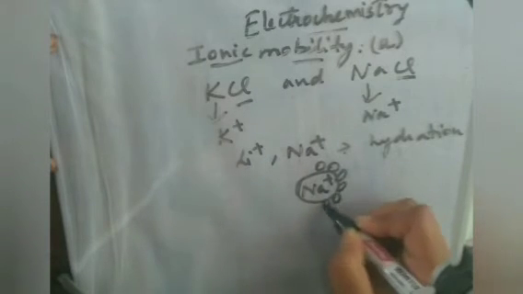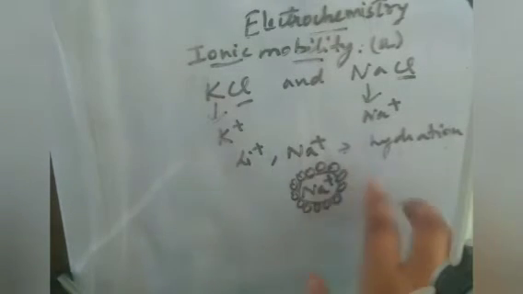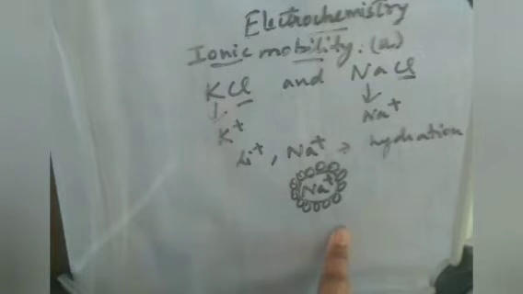Now due to hydration, suppose it's a Na plus ion and it is surrounded by water molecules, that is solvent molecules. When it is another solvent, it is called solvation. When it is water, it is called hydration. So the Na plus ion is hydrated, that is, water molecules surround the Na plus ion. Now if Na plus has to move towards its respective electrode, it has to carry the whole water molecules that surround it.